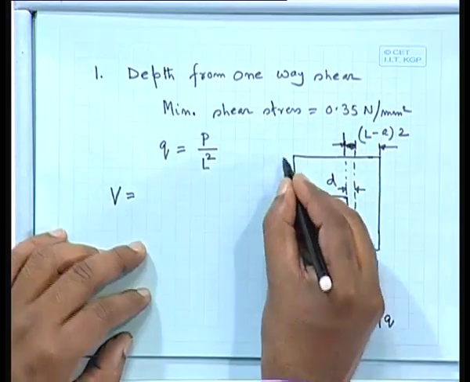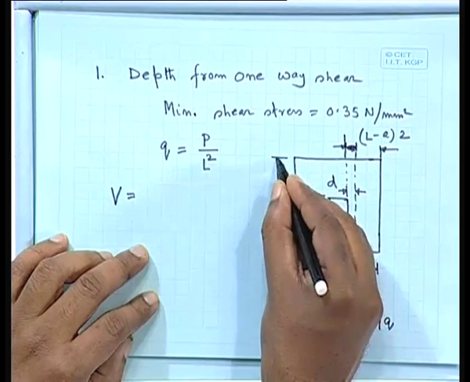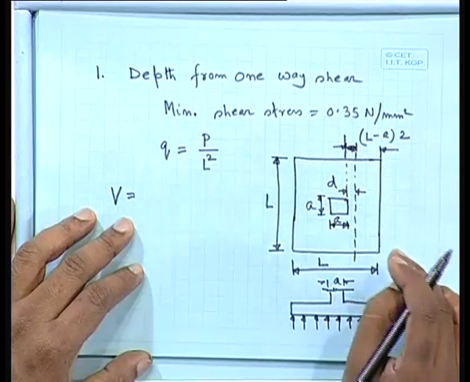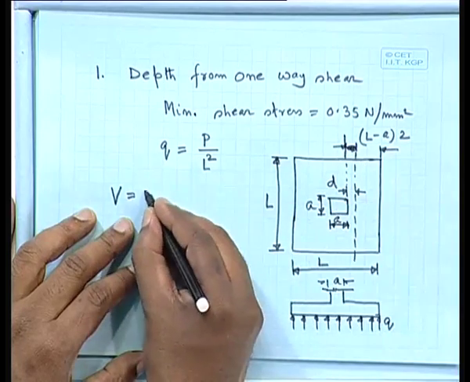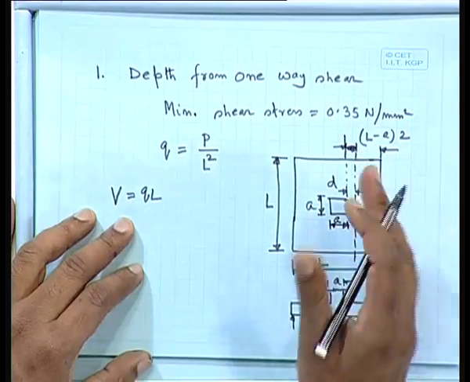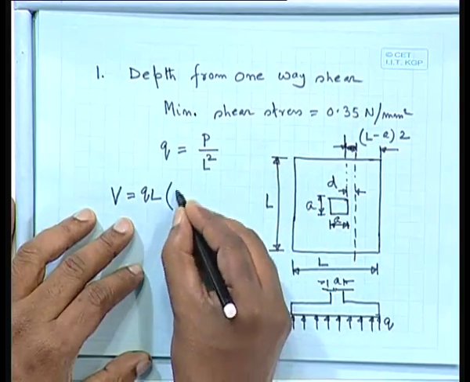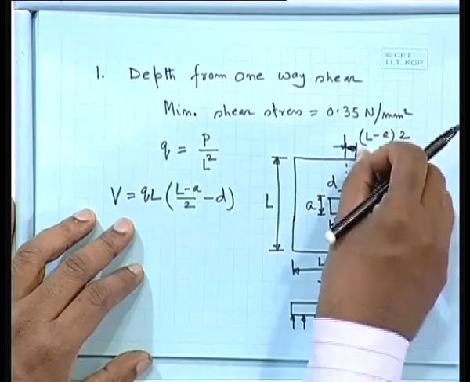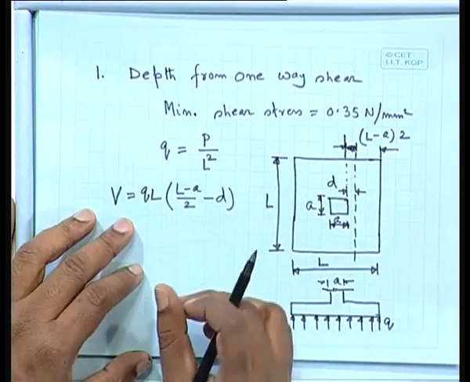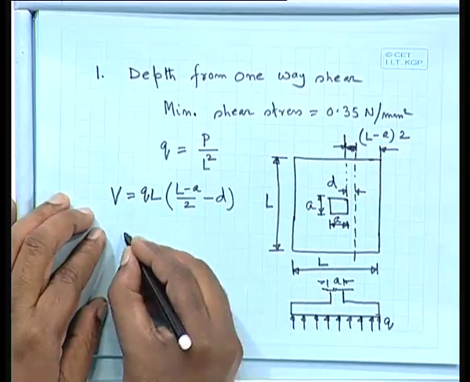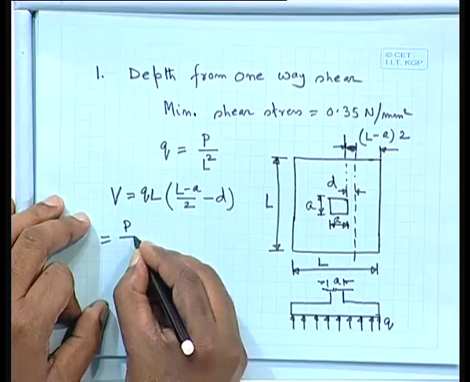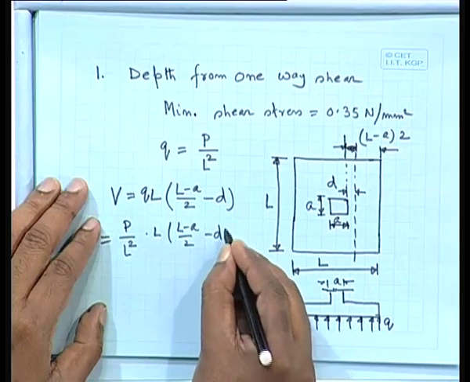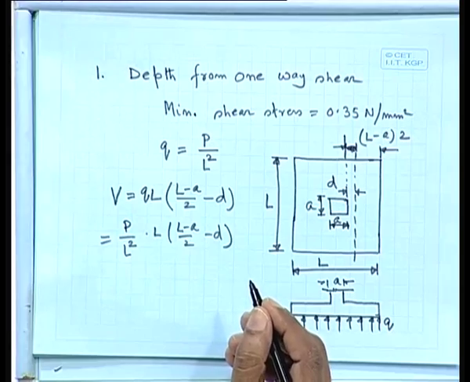This is also L. So, V will be equal to Q times L, that means a unit strip per meter, times L minus A by 2 minus d. So, that is your shear force.